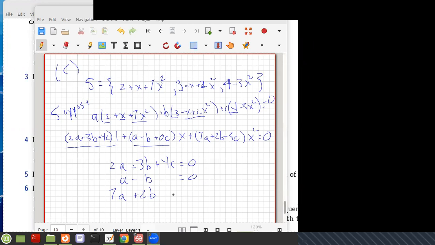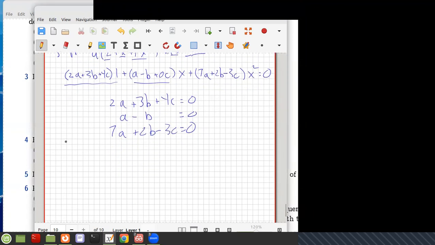But when we were back, I was reading off these equations: 2a plus 3b plus 4c equals 0, and a minus b is 0, and then 7a plus 2b minus 3c equals 0. And there I have my linear system, so I can write down the augmented matrix of 2, 3, 4, 1, minus 1, 0, and 7, 2, minus 3, 0, 0, 0.